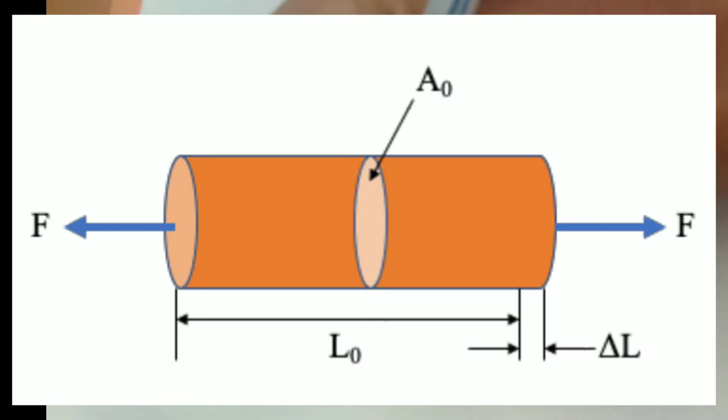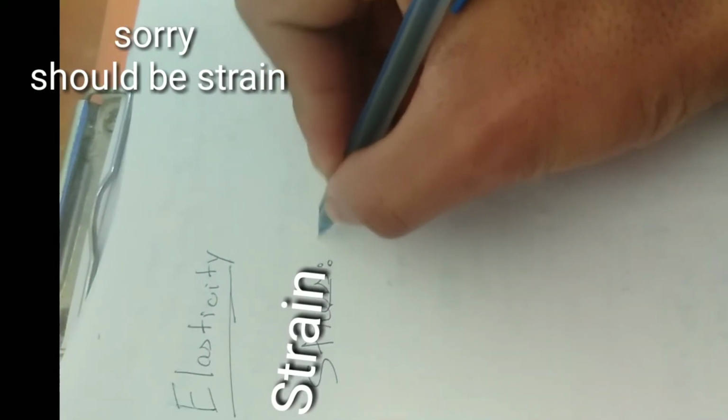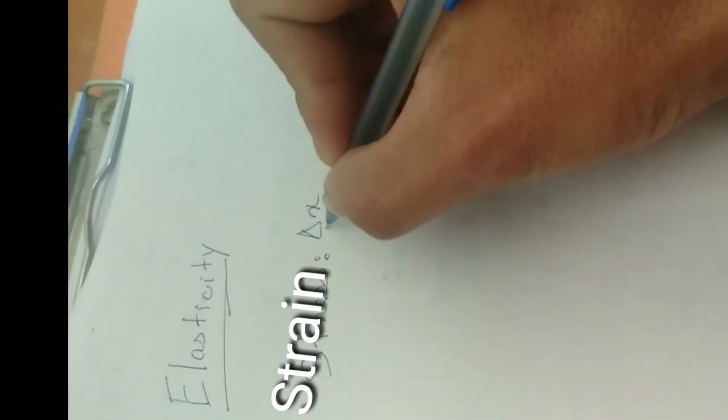Strain is the ratio of the change of the volume or length or anything to that of the original length.